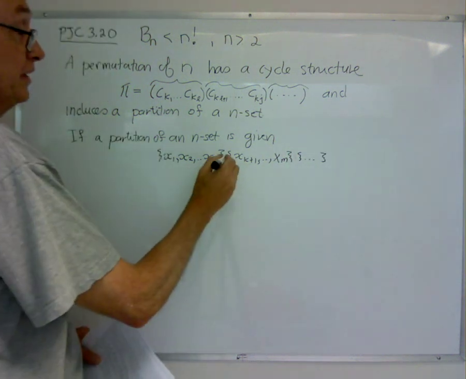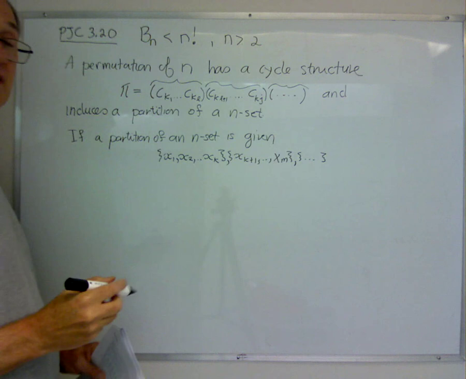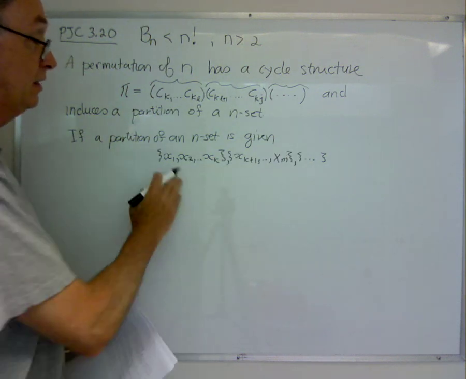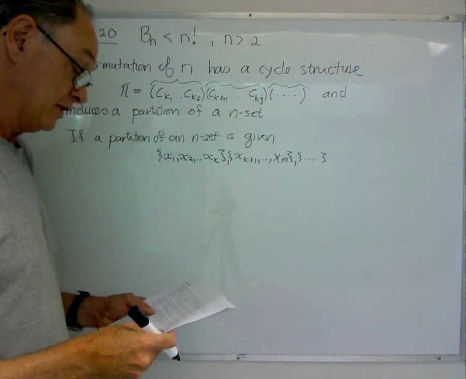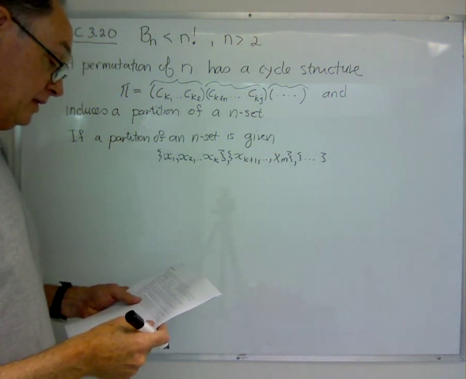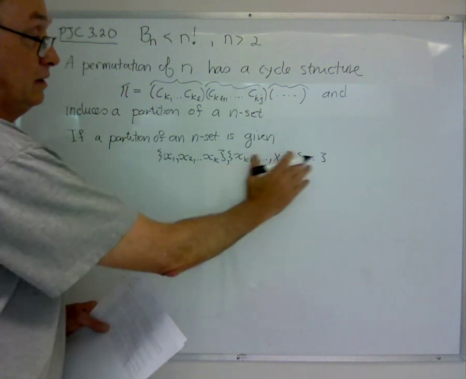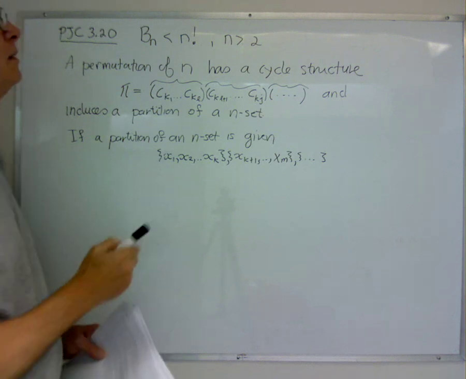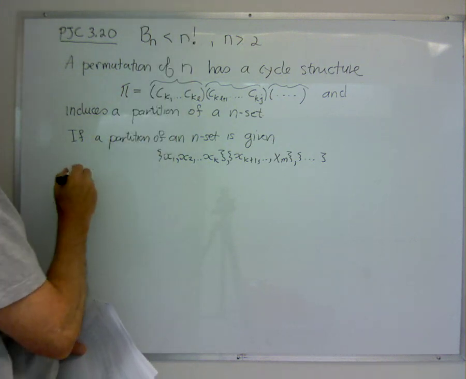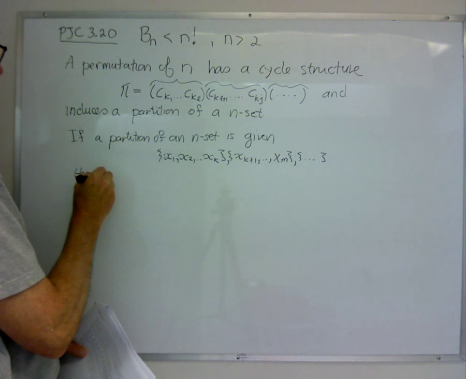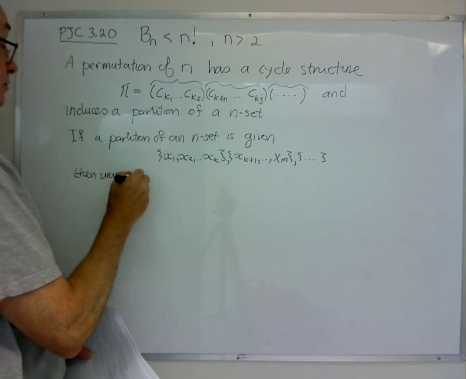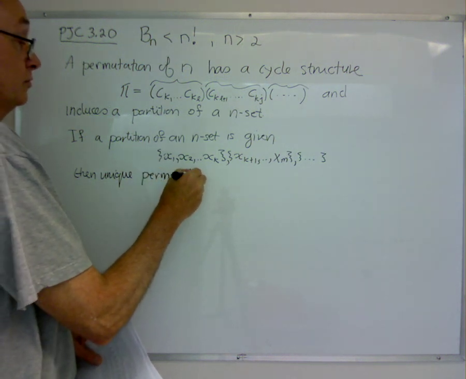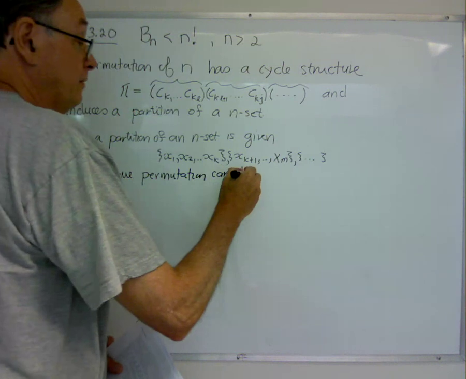So here's the partitioning, right? A partition of a set is a set of disjoint subsets whose union is the entire set. This can be used to define a unique permutation. Then a unique permutation can be constructed.